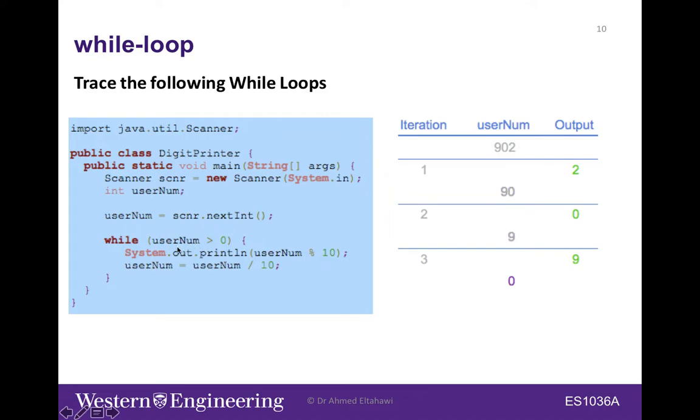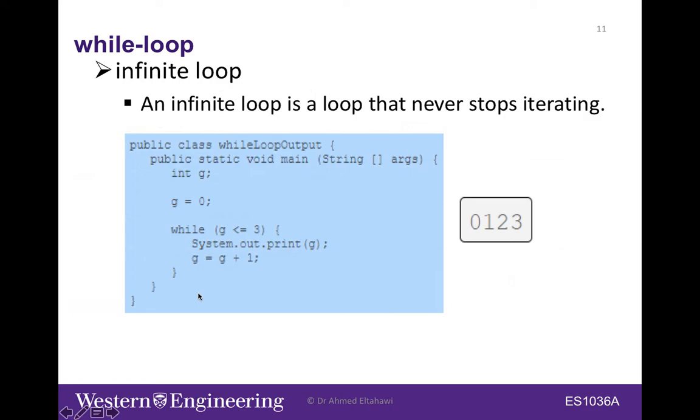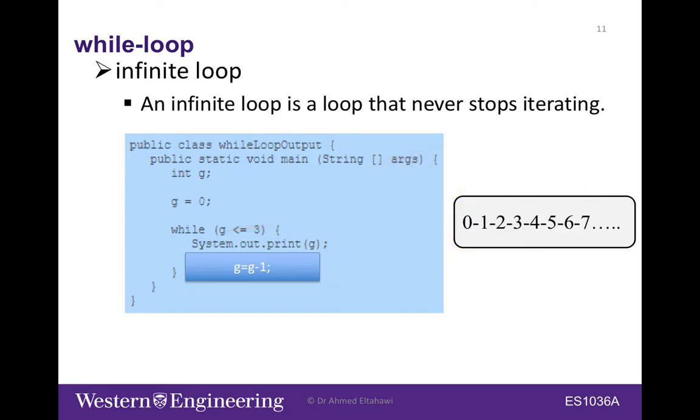Yes, you make a condition here that terminates the loop and gets you out of it, but be aware that you have to keep updating this condition to reach it. Either you take an input from the user, like a character or anything, or you make some operation here to update it. So this is an example of an infinite loop. You have to take a look at that yourself.